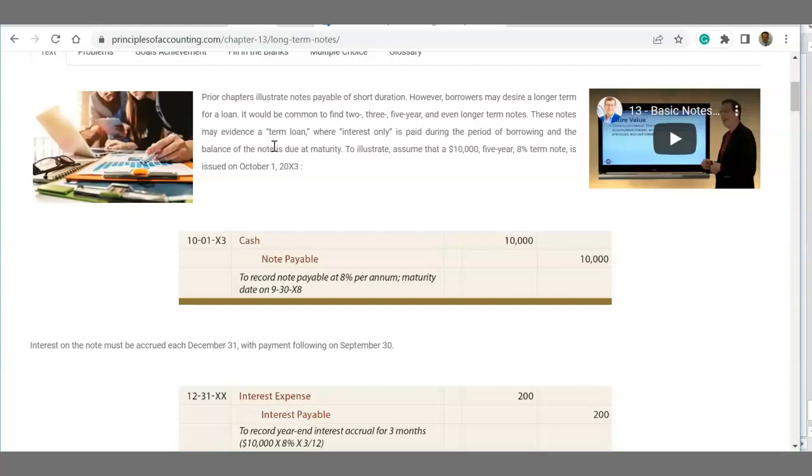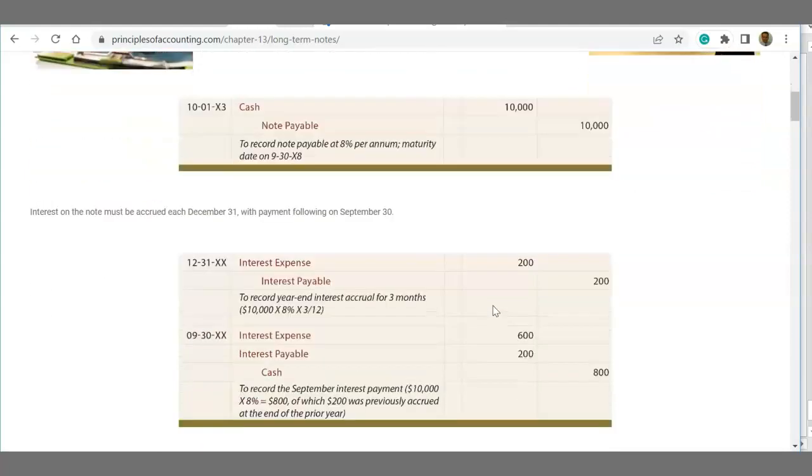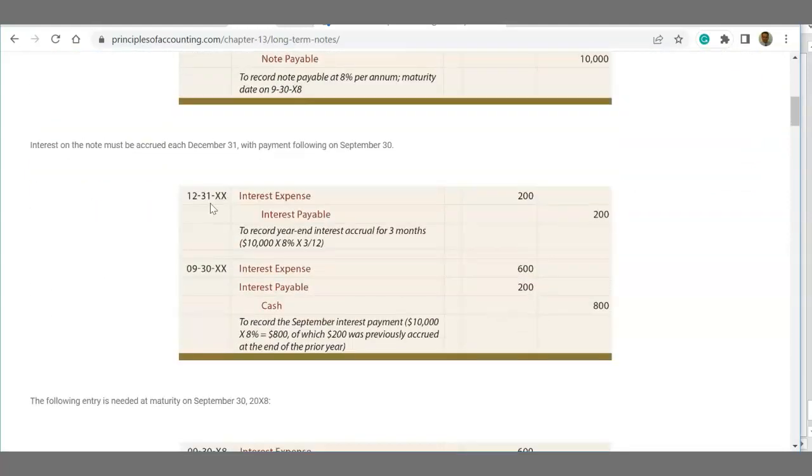Let's say this is a 5-year note, that's why we call it long-term, at 8% annual interest rate, borrowed on October 1st, 2013. By the end of the year, December 31st, you need to recognize the accrued interest, which we learned already. The $200 accrued interest is $10,000 borrowing times 8% times 3 months out of 12 months, and that's the interest payable.